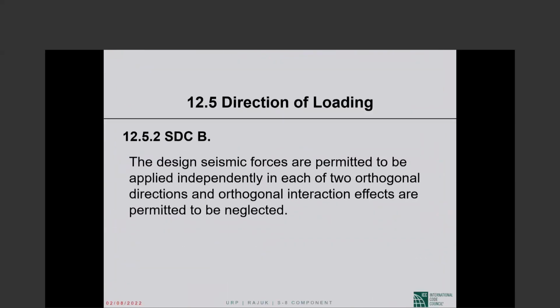Okay, let us look at the orthogonal effects as they're called. The fact of the matter is that an earthquake can hit from any direction. It is not constrained to strike your building along the principal plane axis, obviously. At the same time, if you have design category B, the design seismic forces are permitted to be applied independently in each of two orthogonal directions, and orthogonal interaction effects are permitted to be neglected.